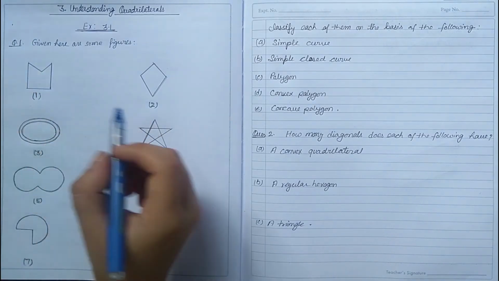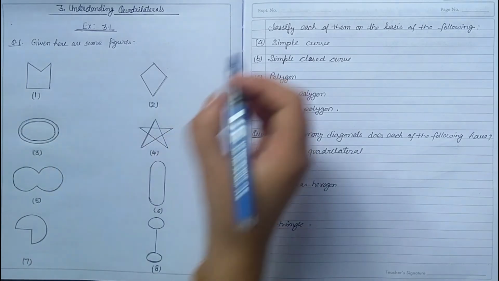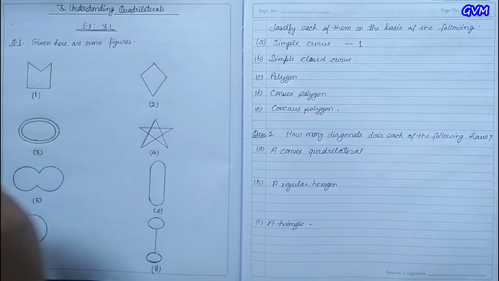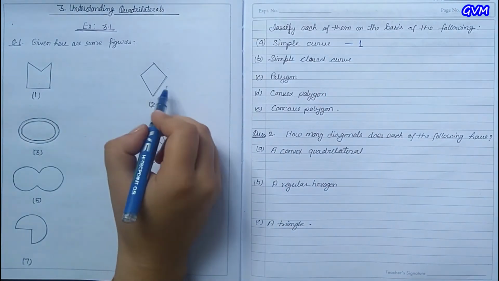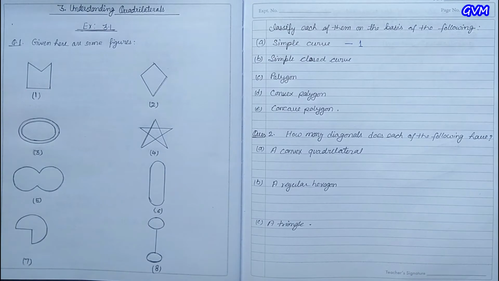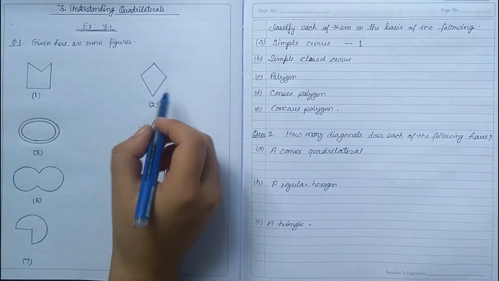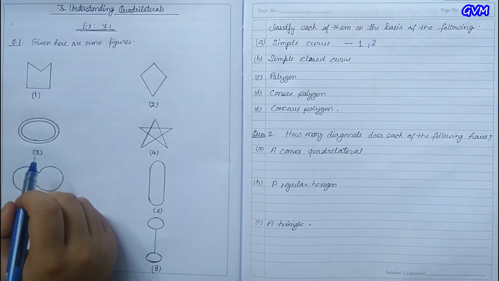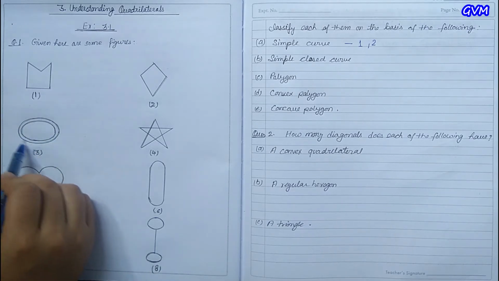Okay, similarly this one. So which figures are simple curves? The first one, yes. Second, this is also a simple curve, because in this figure there is no intersection of any line, so figure second will also come under the simple curve category. Third one is this.